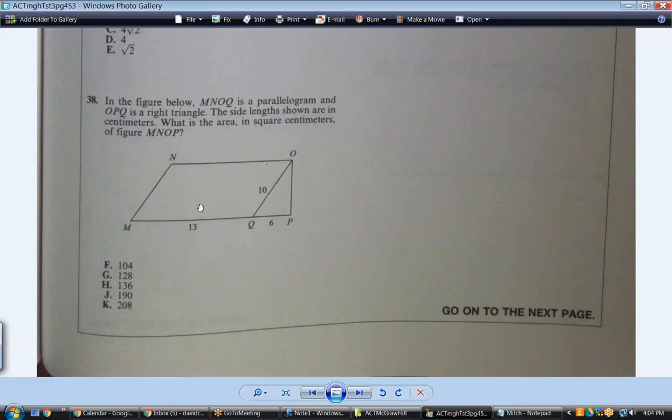Now, in all honesty, I can't recall ever seeing a question on the ACT that requires you to know the area of a trapezoid. In other words, every trapezoid question is kind of like this, where they turn it into a triangle and a parallelogram. And there's absolutely nothing wrong with doing it that way.